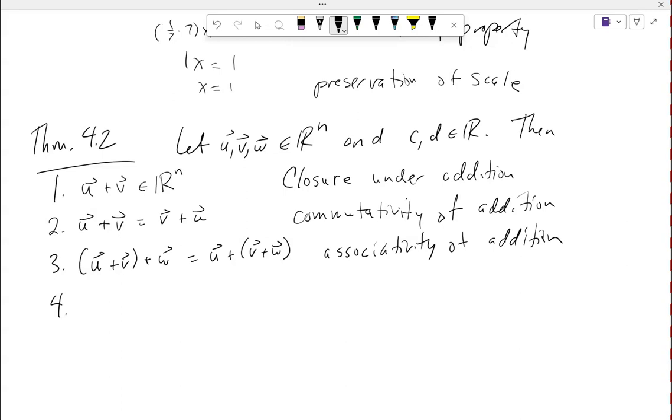Before I start writing down more of these, I want to talk about how you would end up needing to verify these when you come across a vector space problem, checking something is a vector space. In these, you really are doing straightforward checking. If I add two things together, do I end up with an object back where I started? That's what closure means.